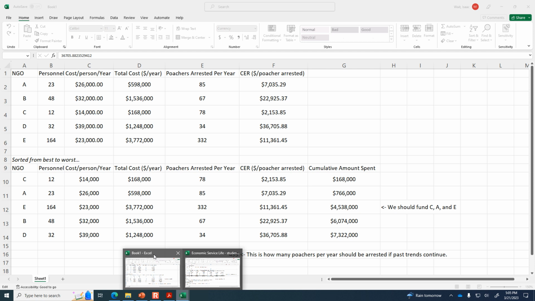This one's the present value. It's negative PV, so negative first cost. It was good. The one thing that you need to do is you need to anchor the reference to the purple one. So it should always be the same first cost. So put the dollar signs here, and also put the dollar sign. Oh, you already have it for the interest rate, but you need to put it for the first cost as well.